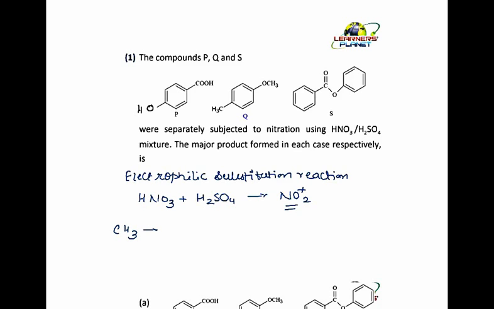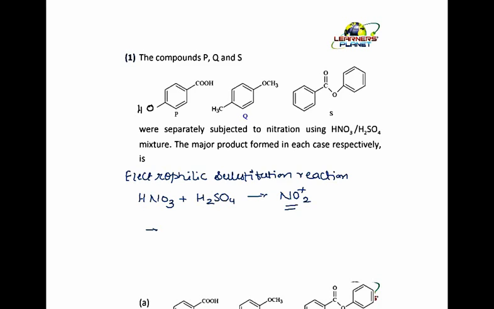But there is another group which is COOH. So this OH has your plus M effect, and COOH is what? It is a ring deactivating group, right? So where will the substitution take place? It will take place at its meta position.